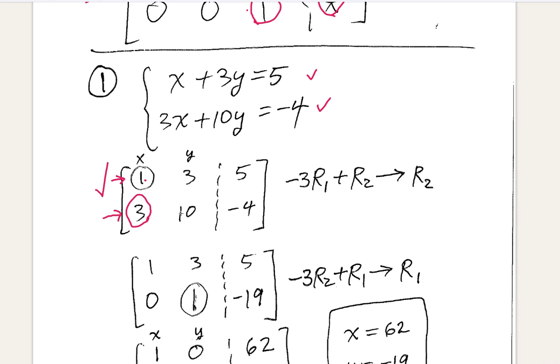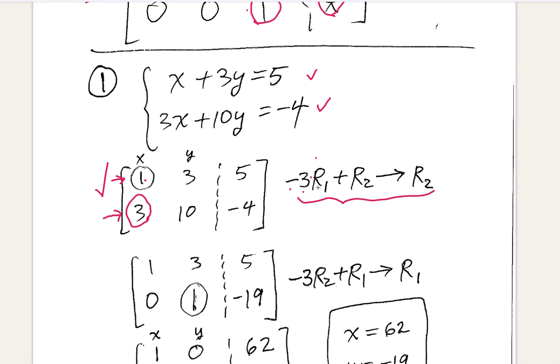Now here's how I'm going to do it, using elementary row operations. I'm going to add a multiple of the first row to change the second row. And here's going to be my notation. I would like you to use this when you write up your work as well. It tells me what you're doing. I'm going negative 3 times the first row.